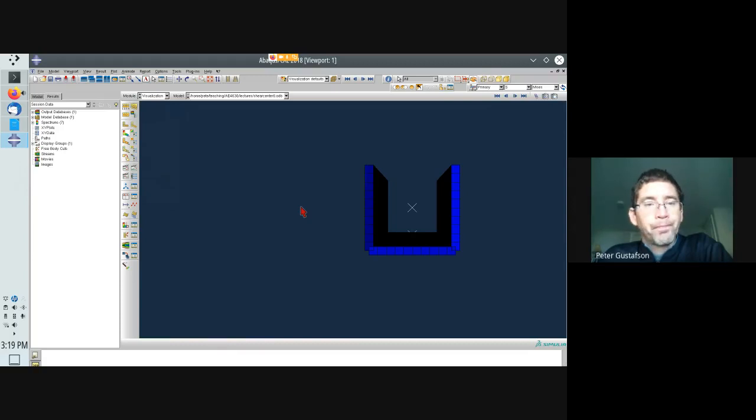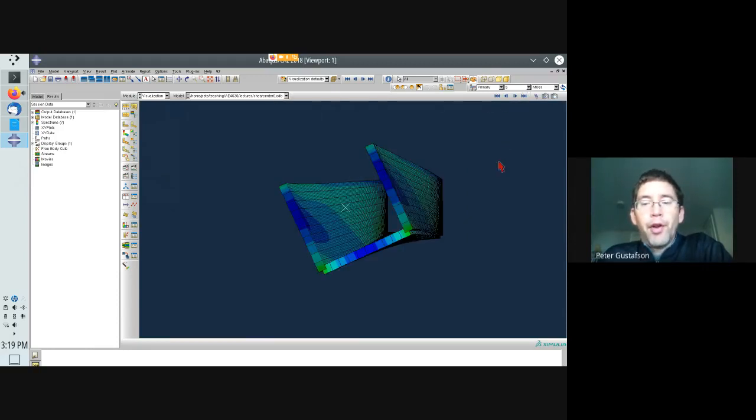You can see what happens when I apply this load. It moves to the left, that's bending, but it also twisted. That's perhaps unexpected.